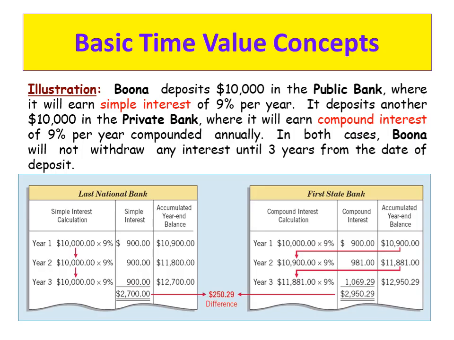You can calculate it 3 times. That is 900 again. The simple interest is constant over the 3 years. Then we add it to the accumulated year-end balance.